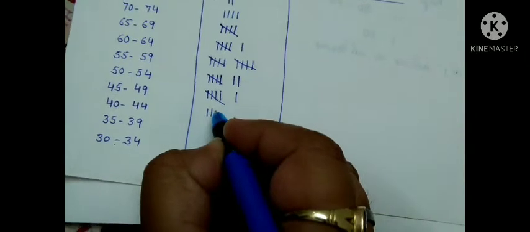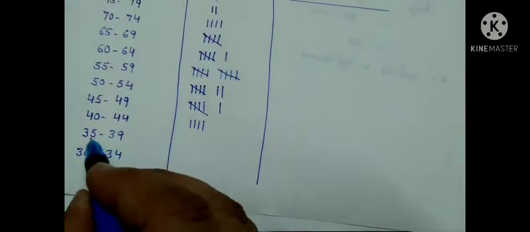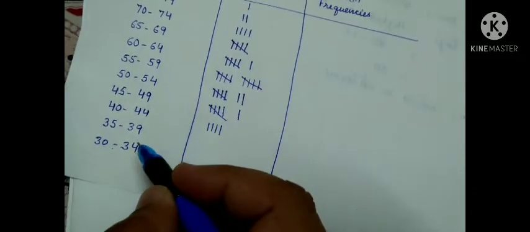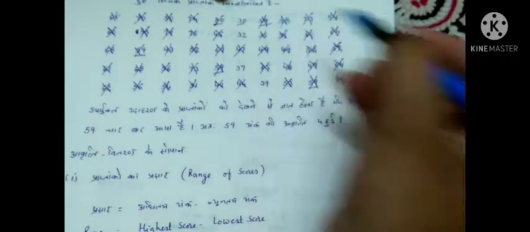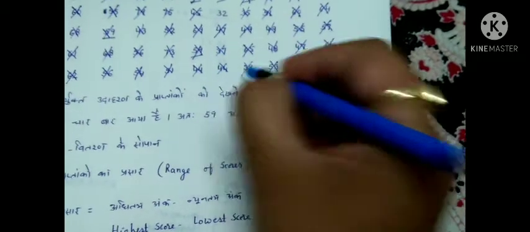So there are 4 students. Now the next class interval is 35 to 39. 1 2 3. And the last class interval is 30 to 34.